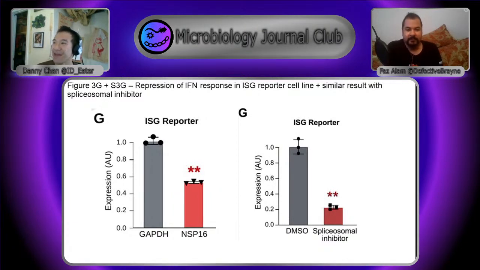And they see that if you add NSP16 to these ISG reporters and then you stimulate them with interferon, they don't respond as well. And that's the same sort of thing that you could see when you use a spliceosomal inhibitor. Theoretically, you'd do it with lots of different inhibitors.